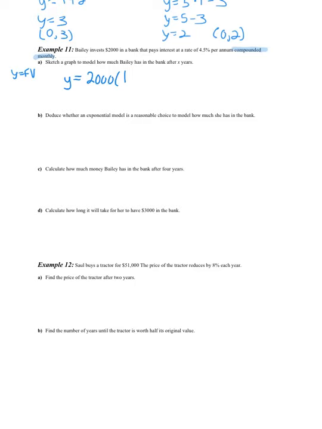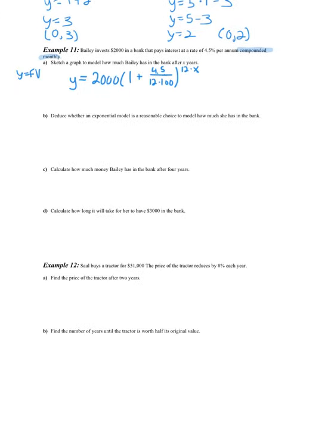It was the 1 plus your rate, 4.5 over 12 times 100. And then to the 12 times x power. That's how we'd want to write this one down. Okay. And you got to write it down as a y equals and put the x there instead of the n, just because you want to be able to sketch it on a graph.